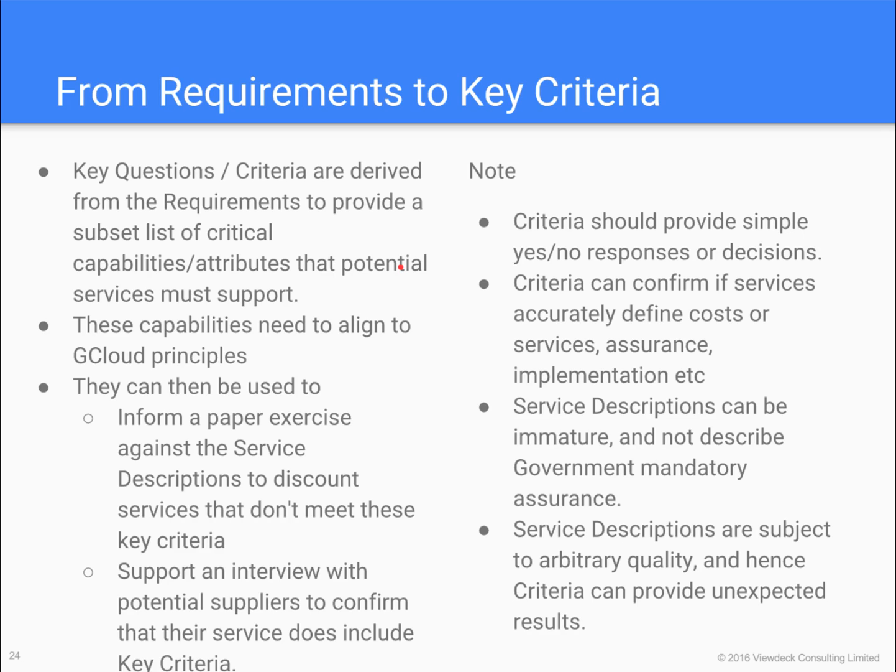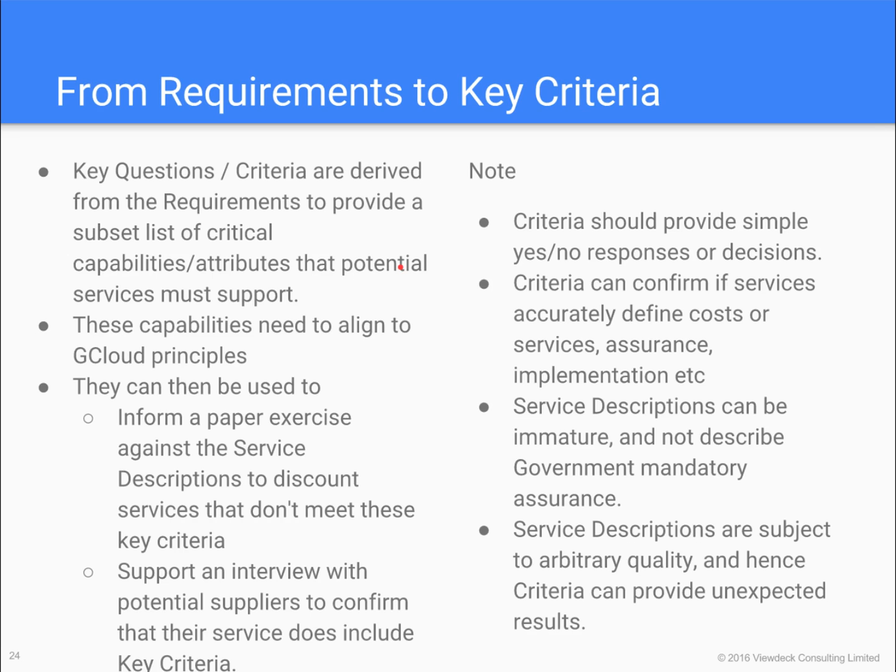With these criteria, we can then use a simple paper exercise to discount many of those that don't meet the criteria. We're looking for a customer content management system, for example, that needs to support a Microsoft platform. That might be a good set of business needs, and we can use that quite quickly to come up with a long list. From that, we can then use those key criteria to help inform some of the clarification.